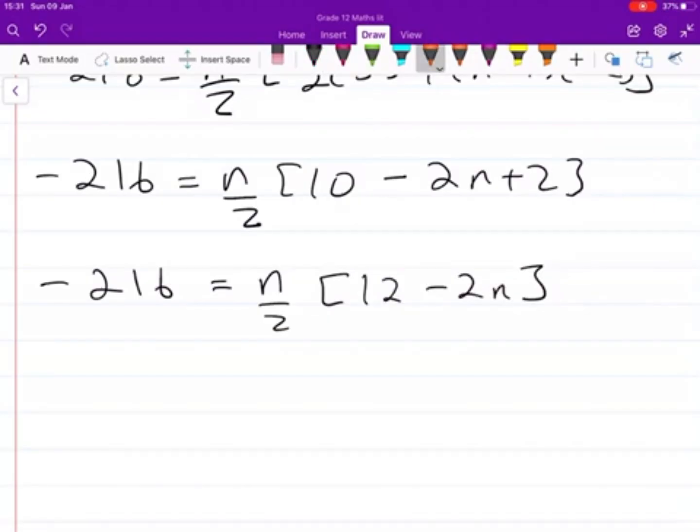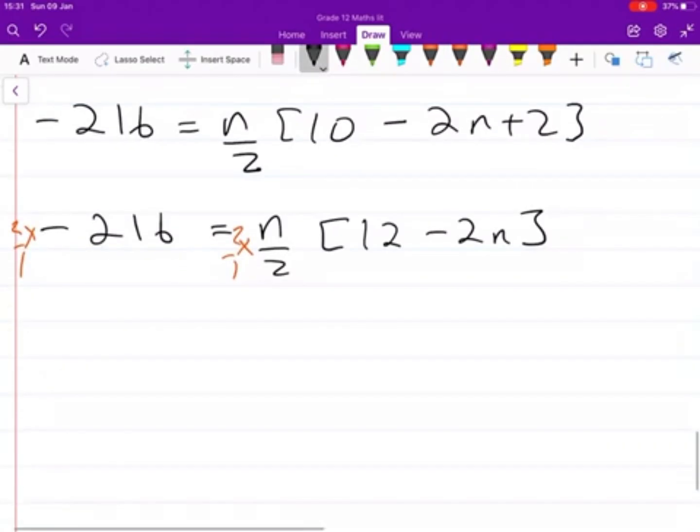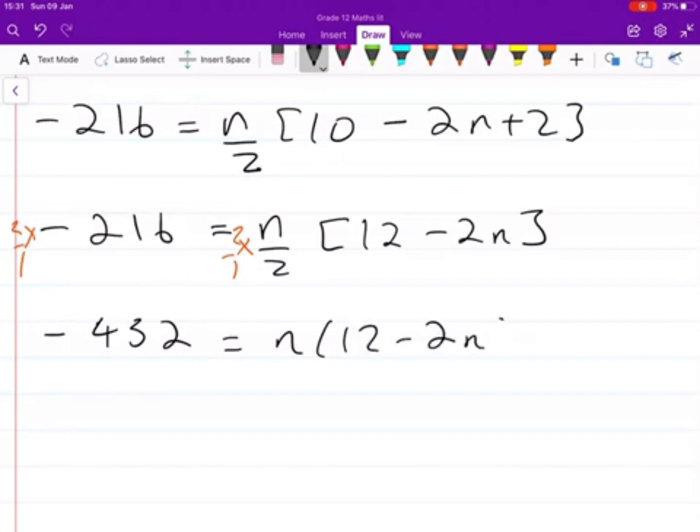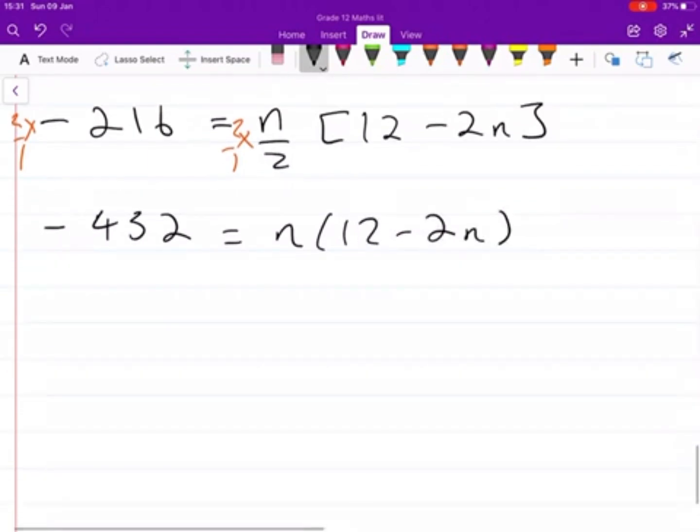From this point, we can multiply by 2 over 1. If you multiply this by 2 over 1, we will get negative 432, and here we will have n times (12 minus 2n).